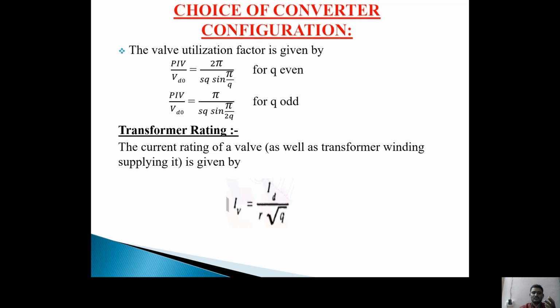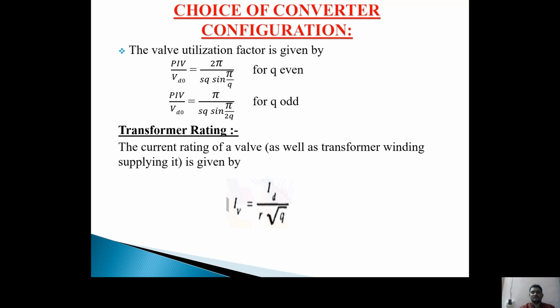I am writing it for the two cases: if the valve number is even, the valve utilization factor is 2π/(SQ) × 1/sin(π/Q). If the valve number is odd, the valve utilization factor is π/(SQ) × 1/sin(π/2Q).